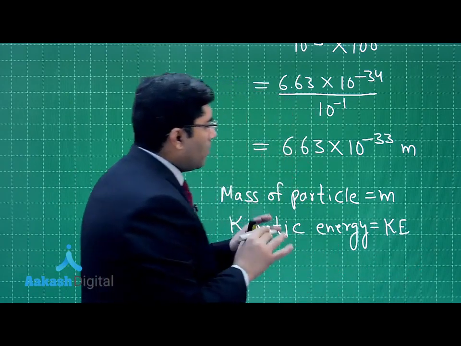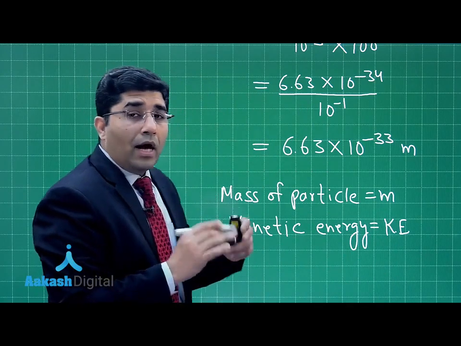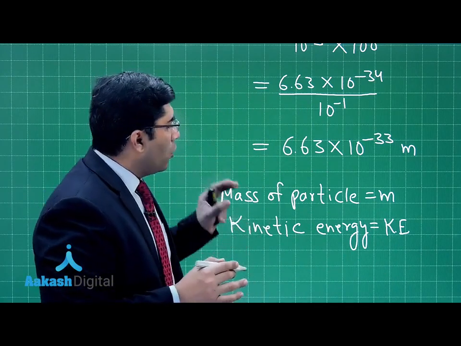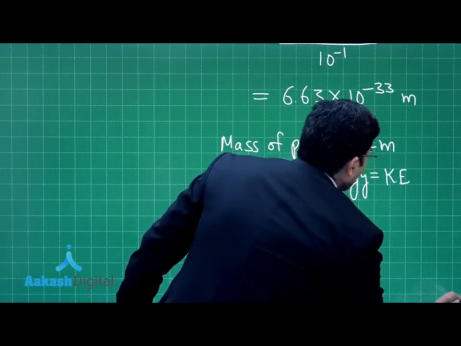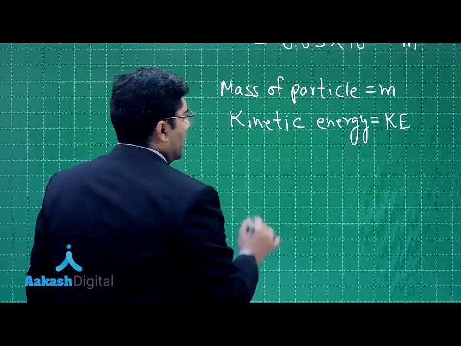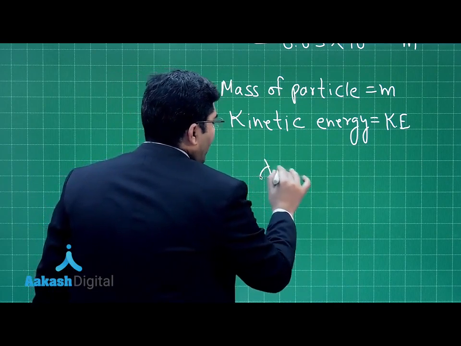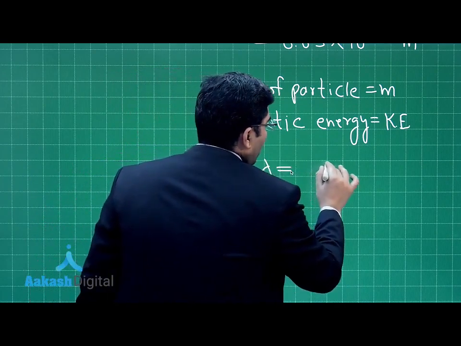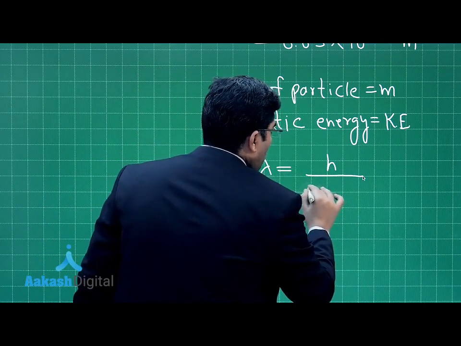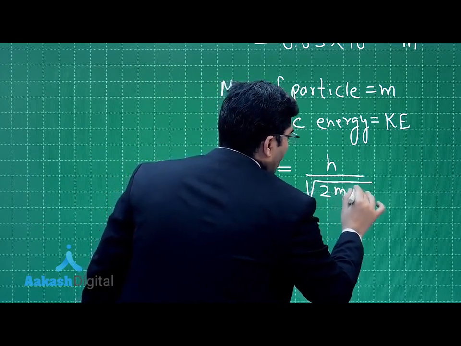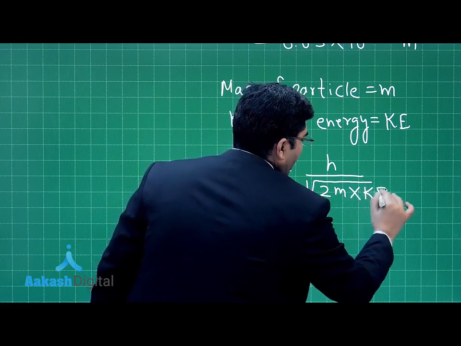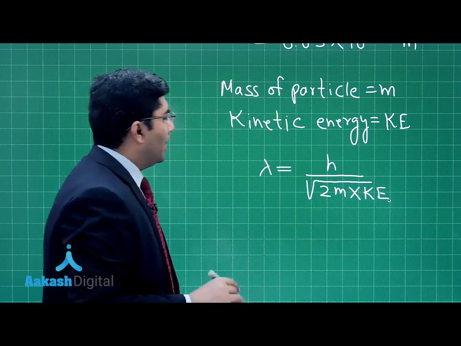Although we have discussed this in this lecture, again for your knowledge, I am telling you this. In this case, lambda is equal to h upon under root 2m multiplied by Ke, right?